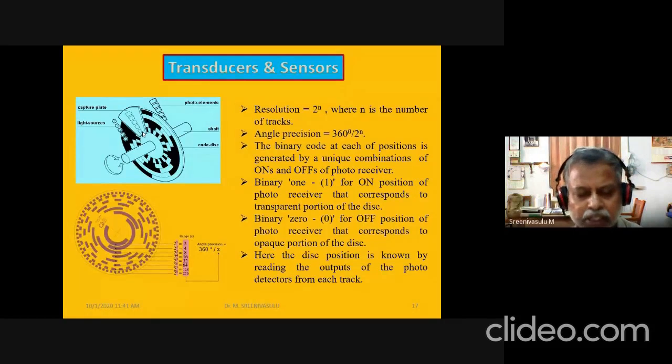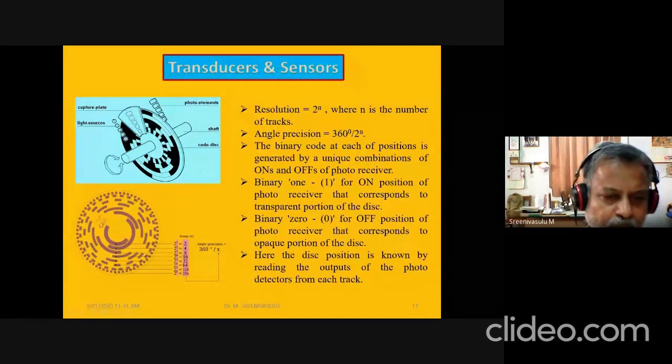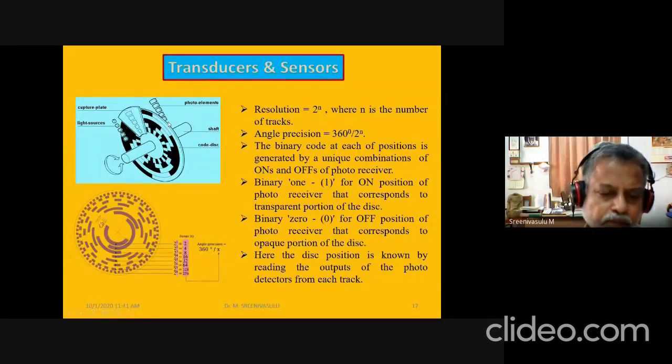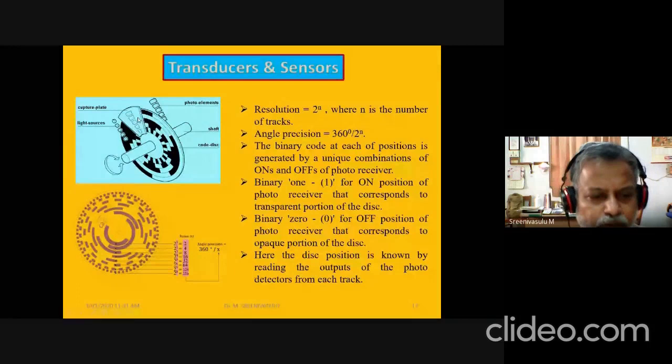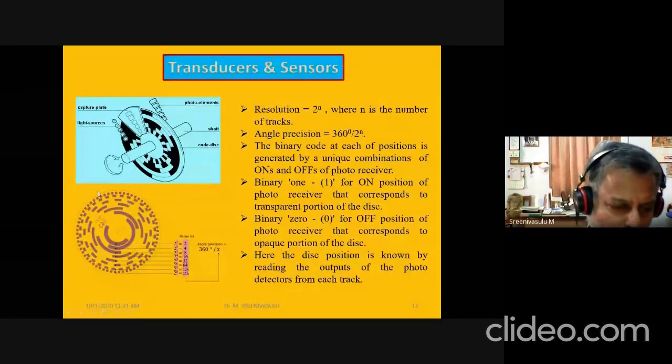You can see here in the radial direction itself, in this figure there are 5 slots, meaning 5 light sources and 5 receivers. So this particular disk is going to have so many slots like that.